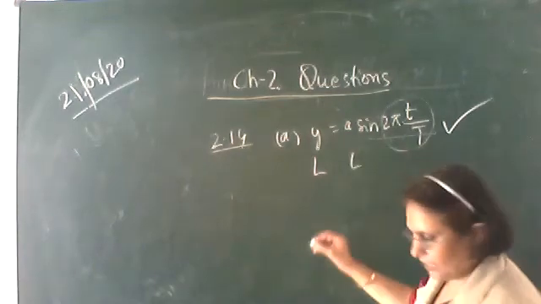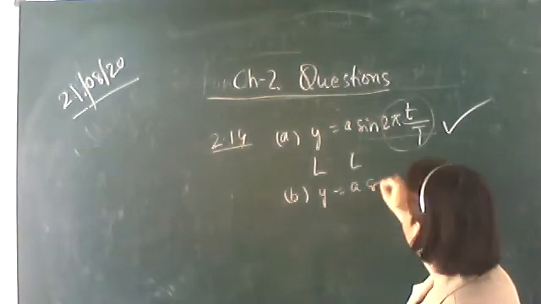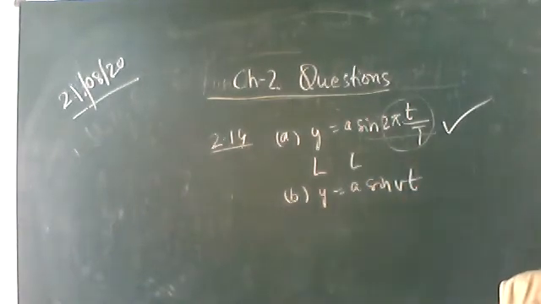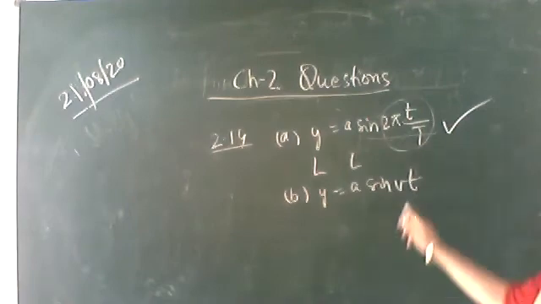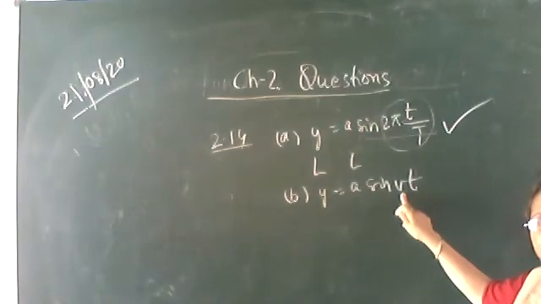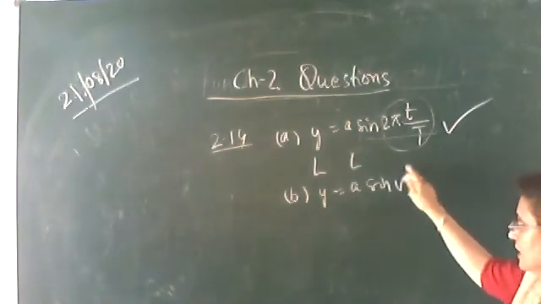Okay, then part B: y is equal to a sine v into T. The first thing you will check is the argument of sine. Sine theta should be dimensionless. Then we'll check all these parts. v into T, is it dimensionless? Velocity, LT minus 1, T is capital T. So what dimension will you get?